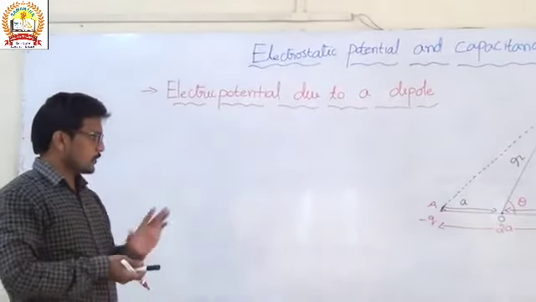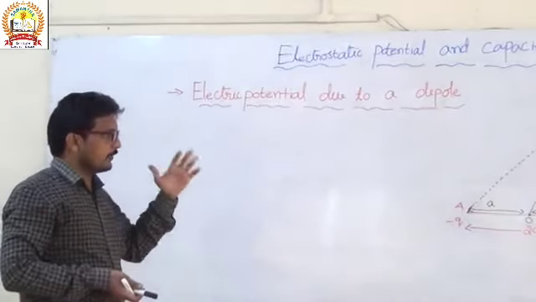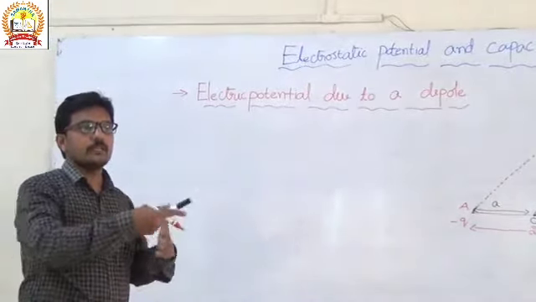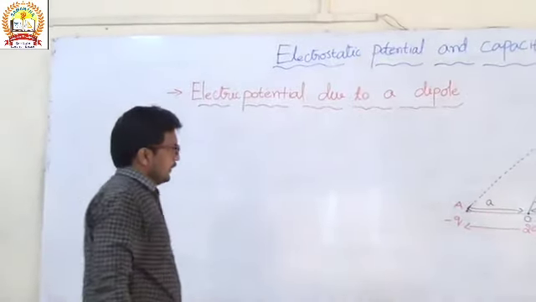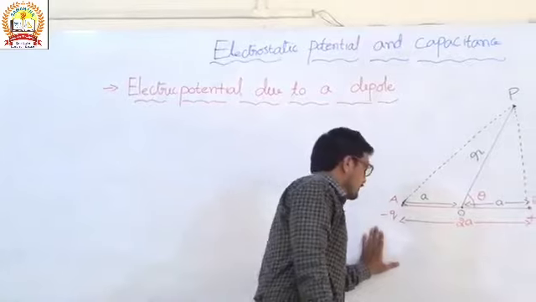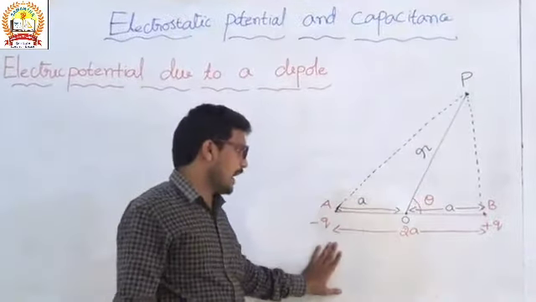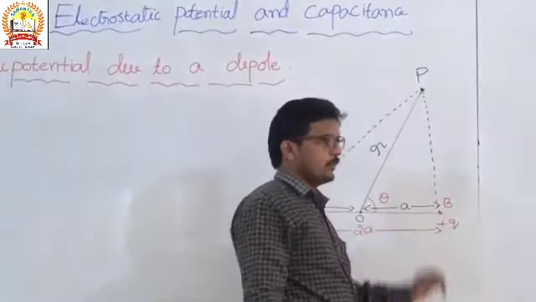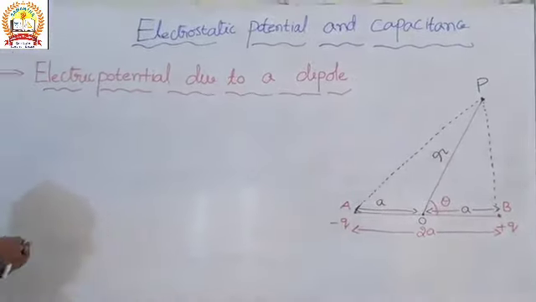So the two charges form a dipole, and they give two potentials. Then what will be the net potential of the two charges? To get the net potential, we write the individual potential due to the negative charge and the potential due to the positive charge.